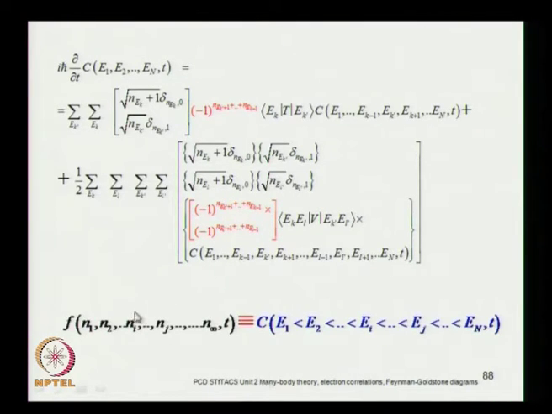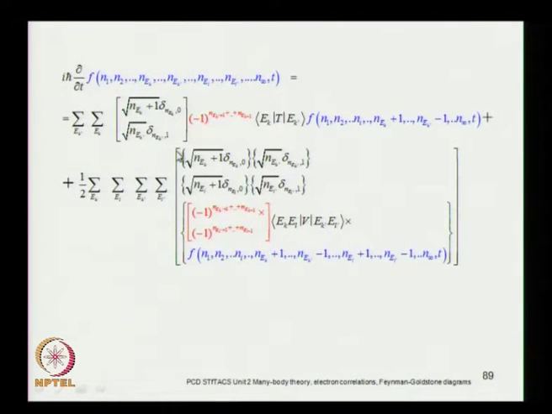So, now we use this equivalence between the coefficients C and the coefficients F, and with respect to this equivalence, you now have this partial time derivative of the function f, which is a function of all these occupation numbers, which is equal to h psi on the right side, but this is also now written in terms of the function f, which is a function of all the occupation numbers.